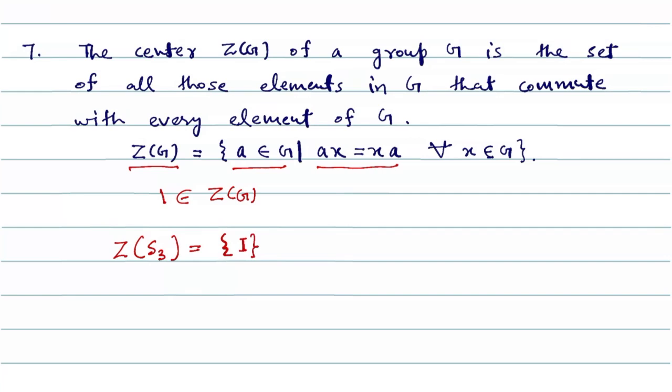And if you check the center of D4, the dihedral group of order 8, then you can check that its center contains R0. R0 is of course the identity, and the rotation by 180 degrees.